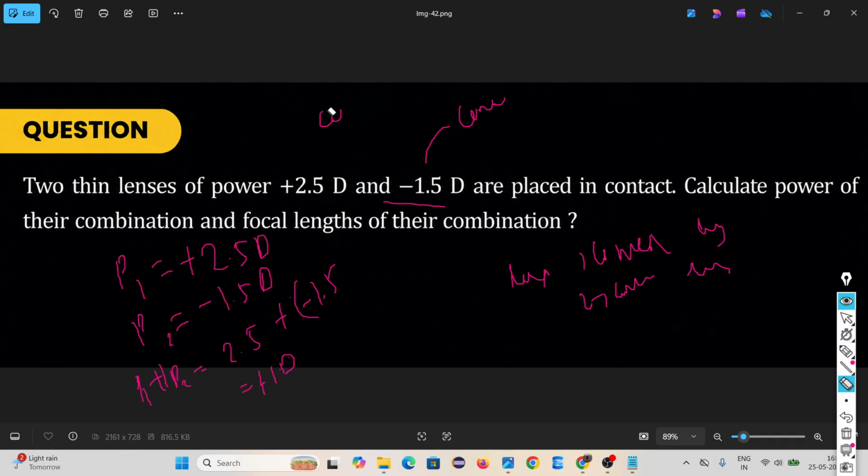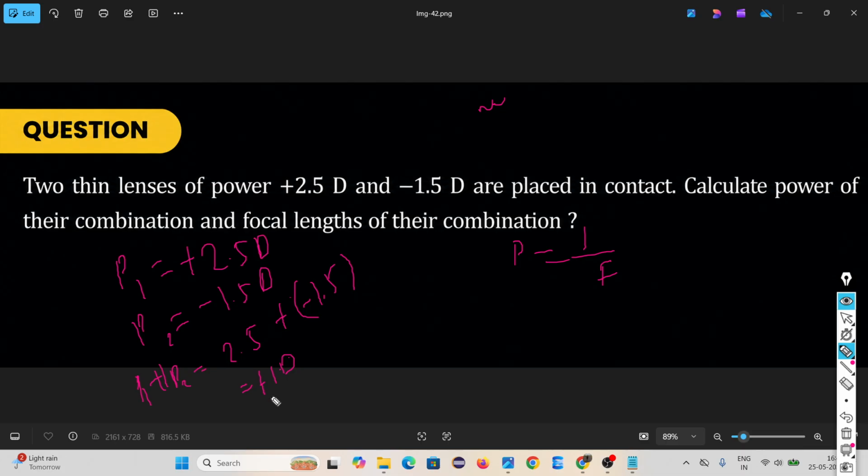Now we have to find the focal length. P equal to 1 upon F. P value is how much? 1. 1 equal to 1 upon F. F equal to 1 meter. Okay, do you understand this chapter?